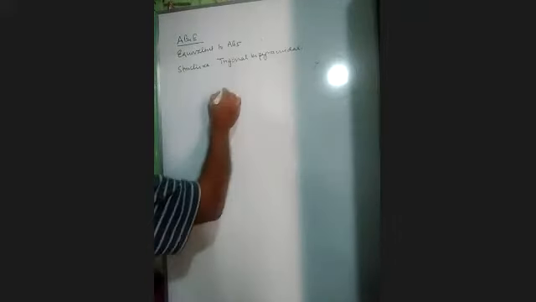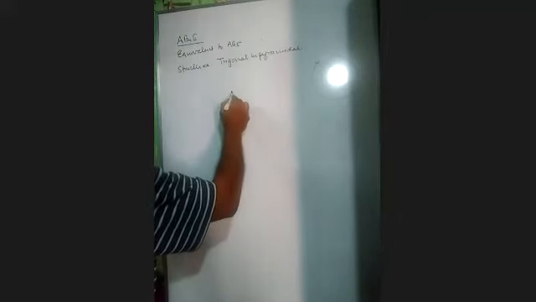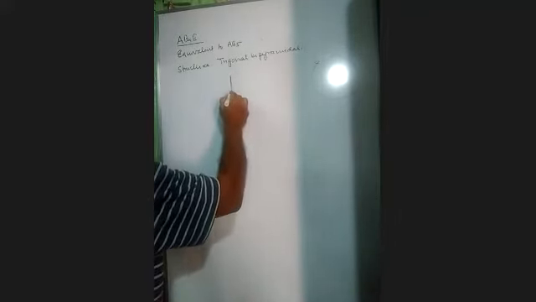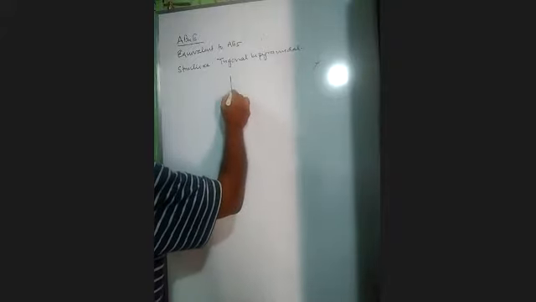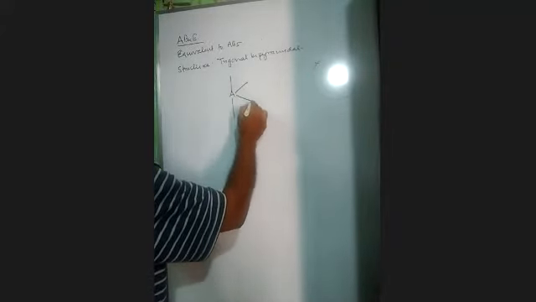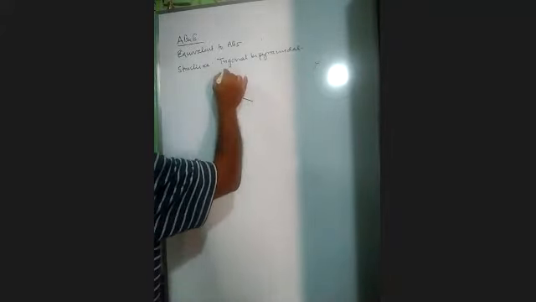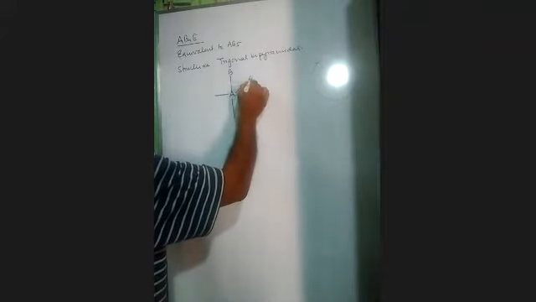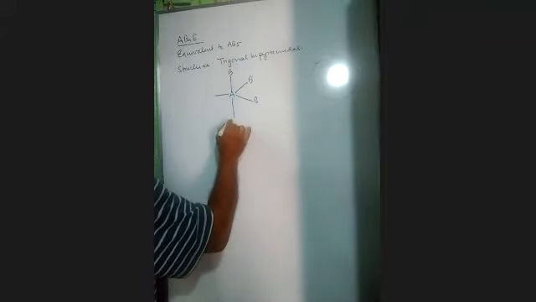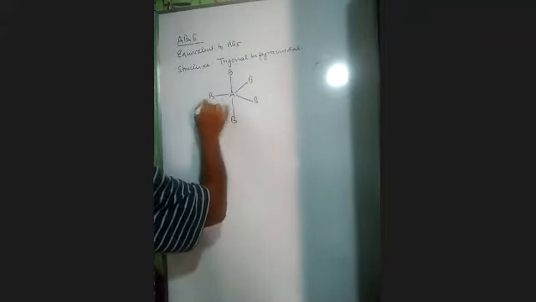Okay. So I'll write it like this. A, C. This is B. This is our trigonal bipyramidal structure. So I'll remove one of them by a lone pair. Okay. See here.